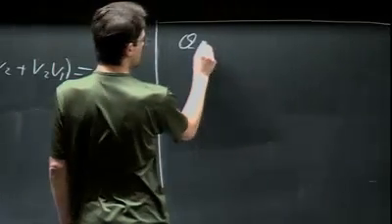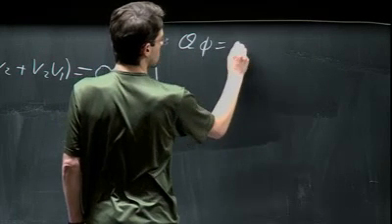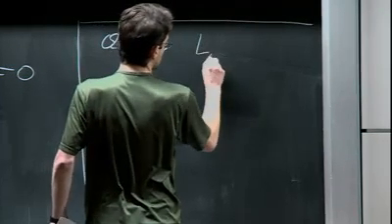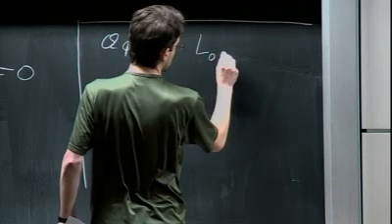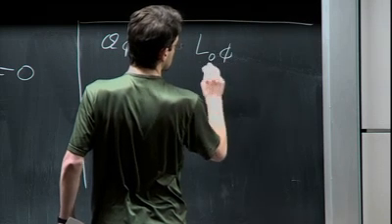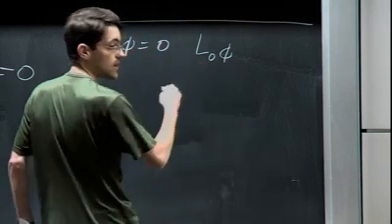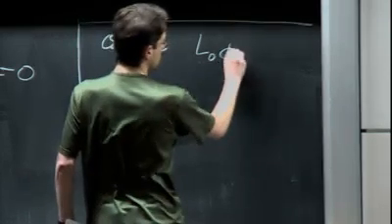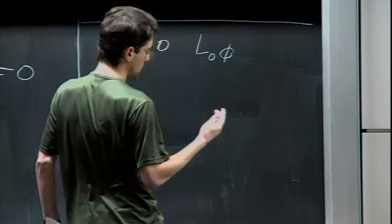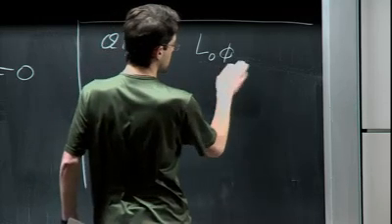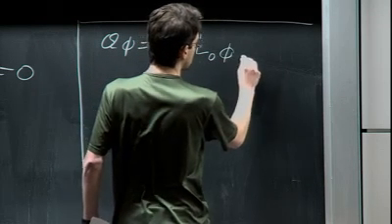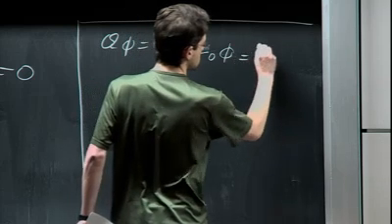So let's say Q of phi is 0, and the conformal weight of an operator can be computed by L0, where Lm is the Fourier component of, well, it's related to the Fourier decomposition of the energy momentum tensor.